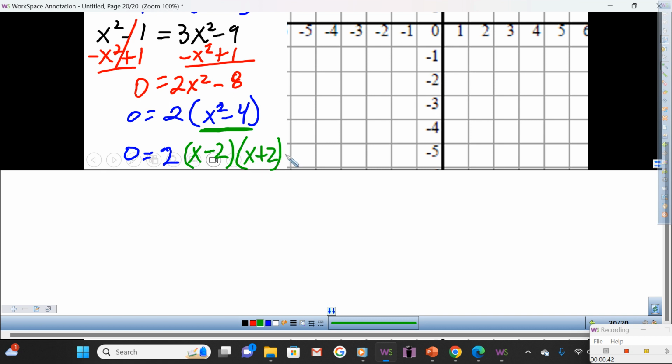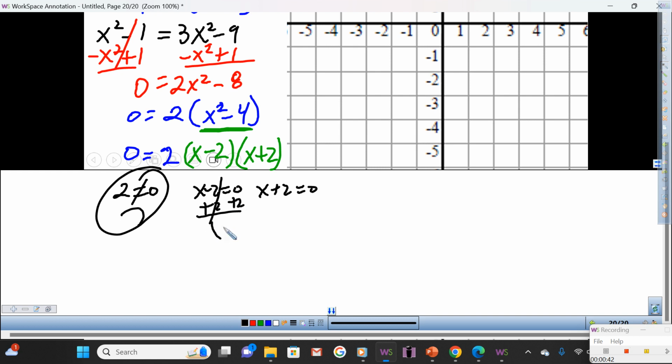That is correct. X minus 2, x plus 2. And from there, we set each one equal to 0: x minus 2 equal to 0, x plus 2 equal to 0. And this is not true, so therefore plus 2, x equals 2, minus 2, x equals -2.